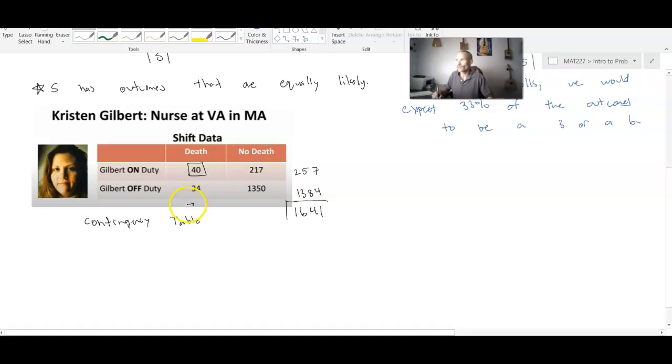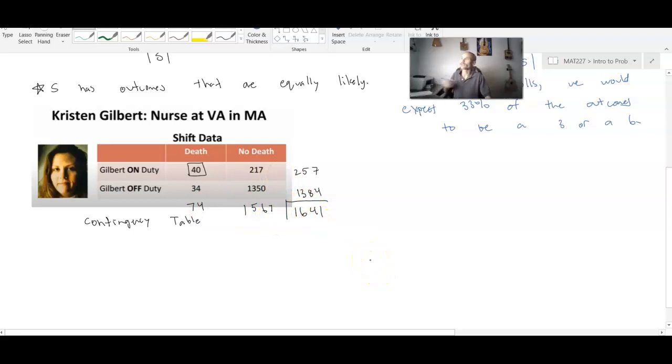So 74 total patients died during the period when this data was recorded, and 1,567 patients did not die during this period at this hospital. In either case, we add 74 plus 1567, and we get 1641.